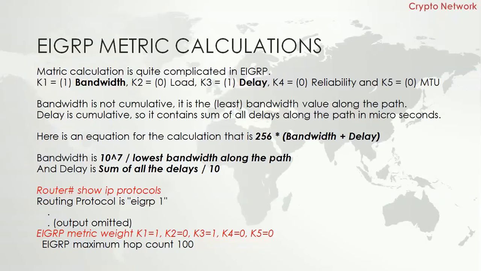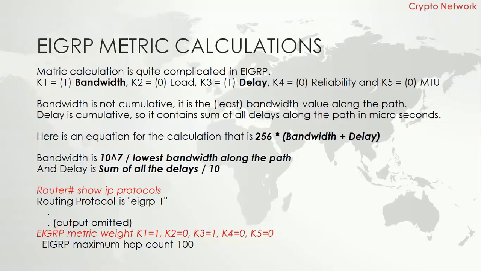So the above equation is reduced, or you can say deduced, to EIGRP metric is equal to 256 multiplied by bandwidth plus delay.